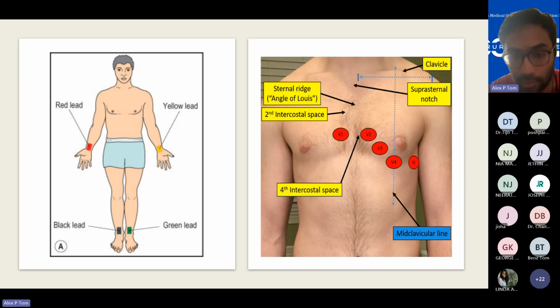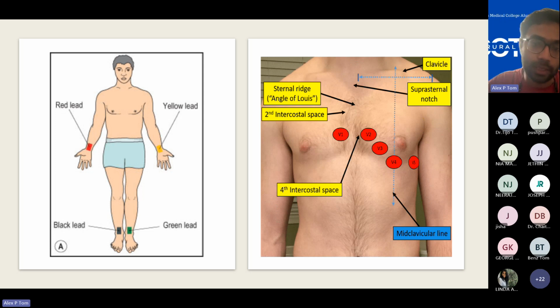V4 is to be placed in the mid-clavicular line. So this is the clavicle, this is the clavicle, mid-clavicular line. So you make an imaginary line there, just in fifth intercostal space, you keep the V4, and then in the same intercostal space, same plane, you keep V5 and then V6, but V5 on the anterior axillary line and V6 on the mid-axillary line.